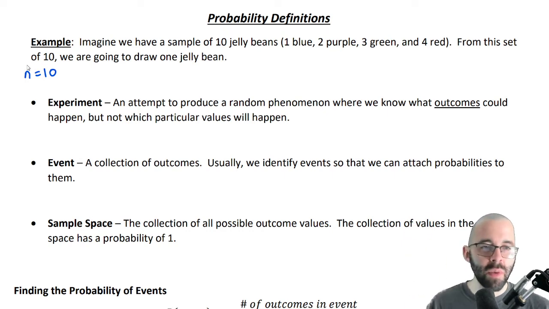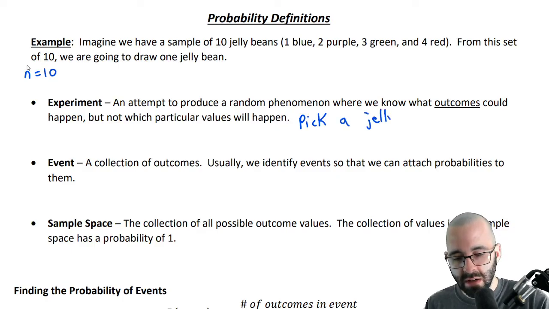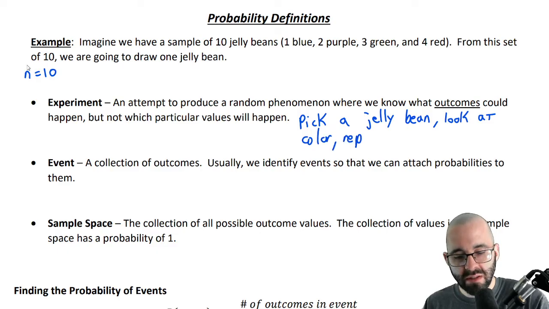All right, so we know all the possible outcomes. All the possible outcomes are going to be the different colors of jelly beans. We just don't know what's going to happen, right? We do an experiment, and let's say we pick a jelly bean, look at the color, replace it, and we repeat this 10 times.